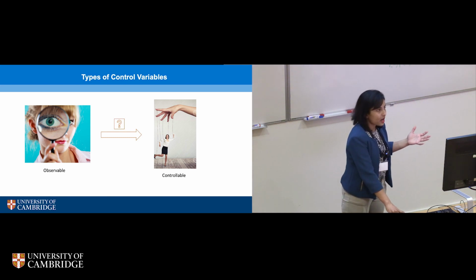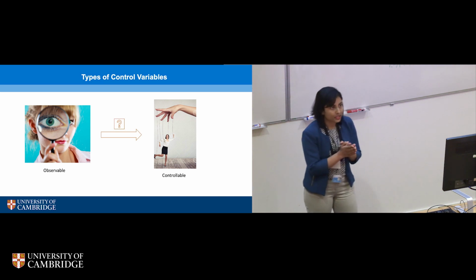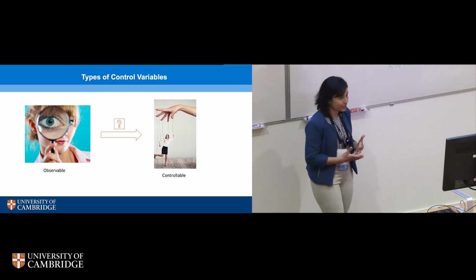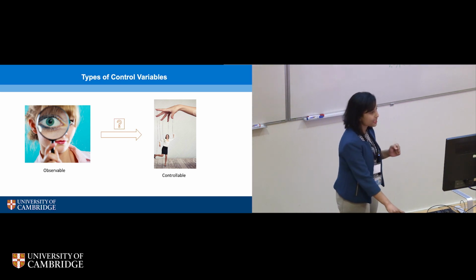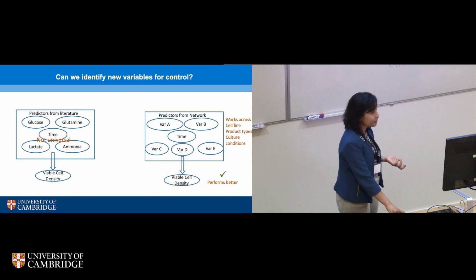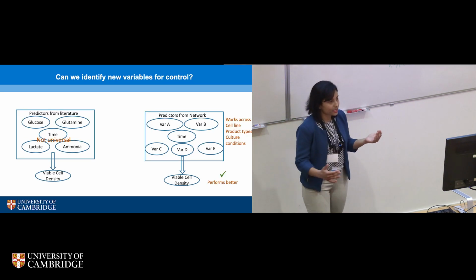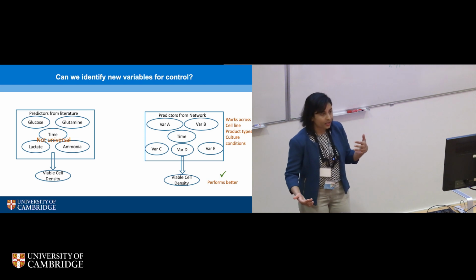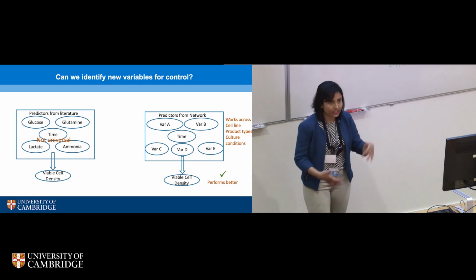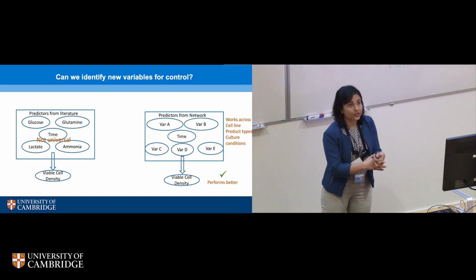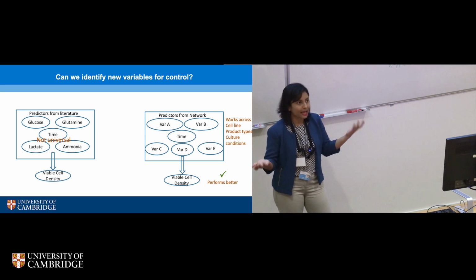As I said, we tried to identify new variables for control, because the existing variables were not really useful. And indeed, that's what we did. Then we constructed models using the variables from literature and the ones that we identified from the network. We built symbolic regression models, which we heard about in an earlier talk today. These models are useful because they are not black box models.